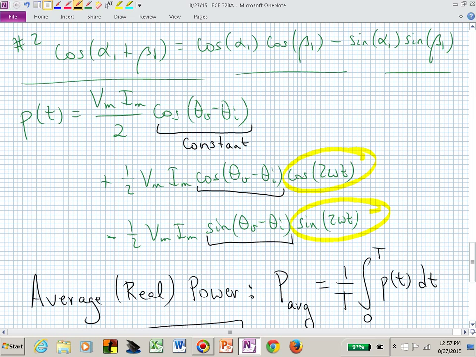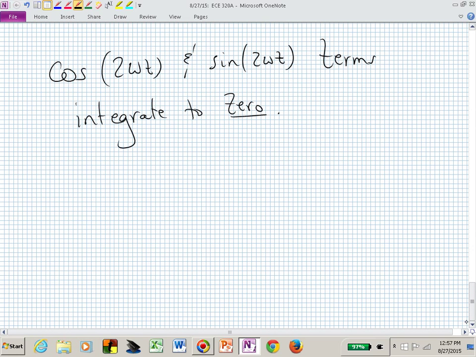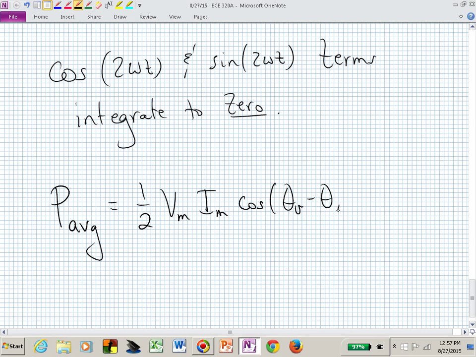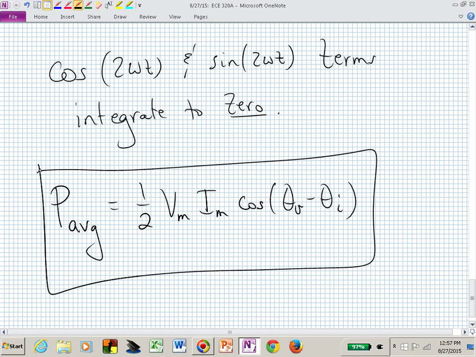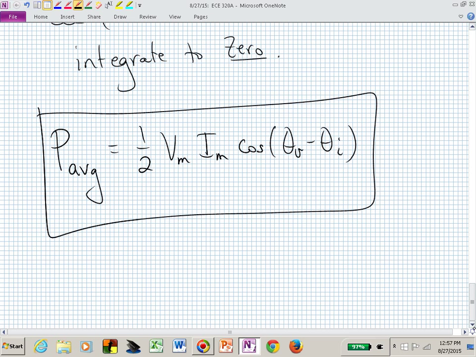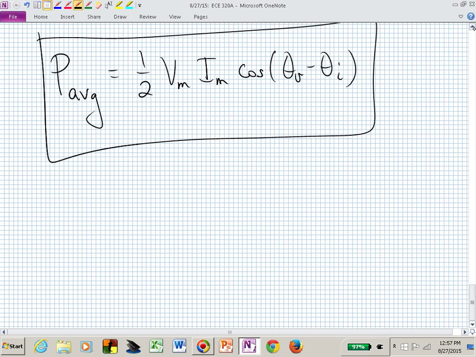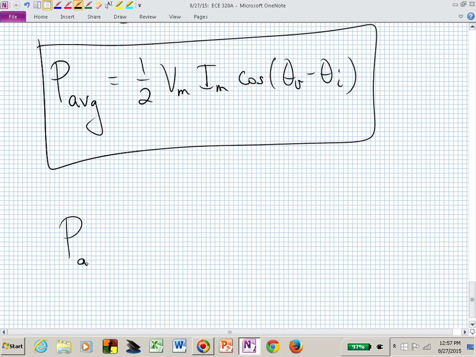So now I just have that very first term after the integration, so that now P average is simply that constant 1/2 Vm Im cosine of theta sub V minus theta sub I. And we may want to write that in terms of the RMS units, where we distribute that 2, we cut it in half, basically.